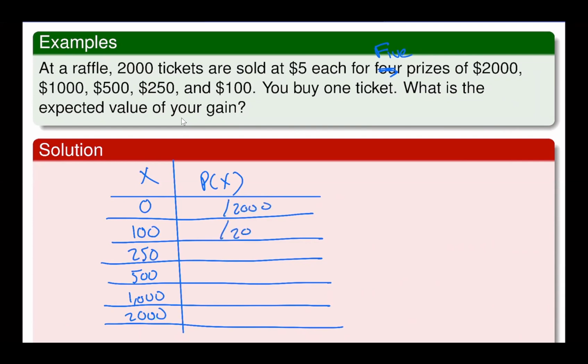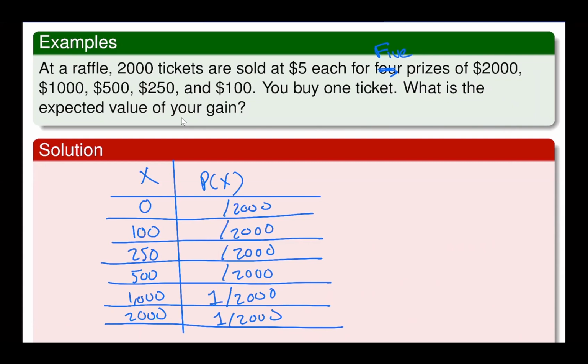Now for the P of X, since 2,000 tickets were sold, all of these should be over 2,000. So you divide by 2,000. For this one, how many people are going to win $2,000? One. What about $1,000? 1.